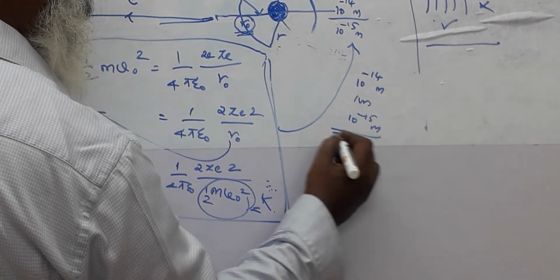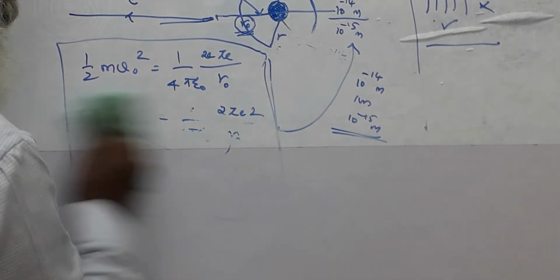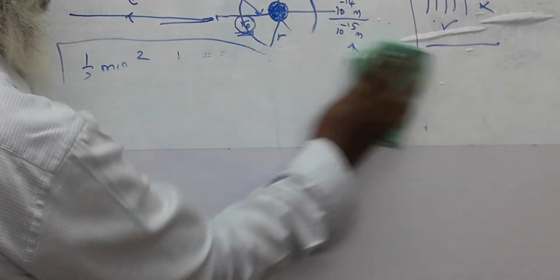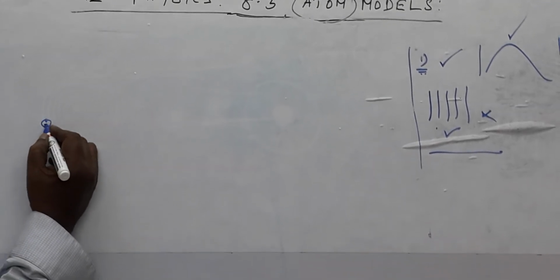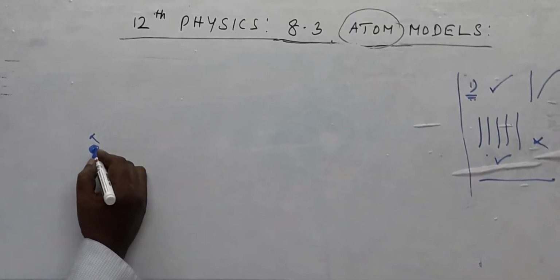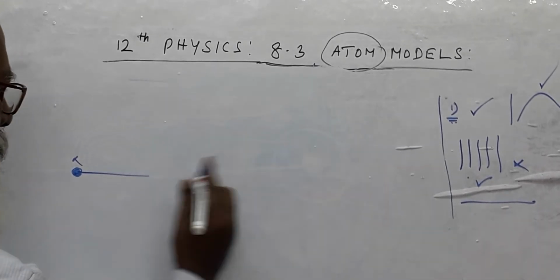This is the most valuable concept to understand. Then the impact parameter, another 3-mark question. What is meant by impact parameter? You have to consider an alpha particle like this. It travels in a straight line, or it may be deviated.